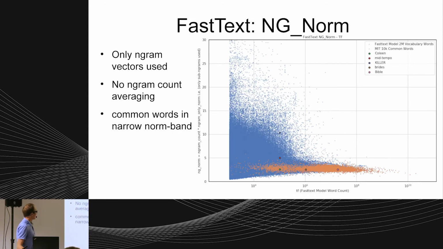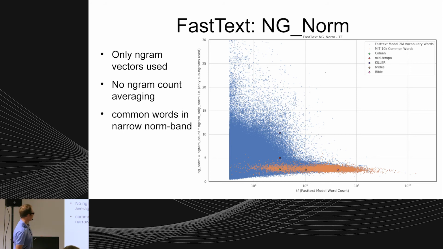Yes. And the third plot, the last scatter plot that we'll present, is this other approach, where instead of using only whole word vectors, I use only the n-grams, but with a slight twist: I don't divide by the n-gram count.